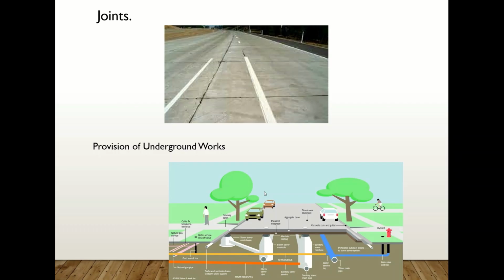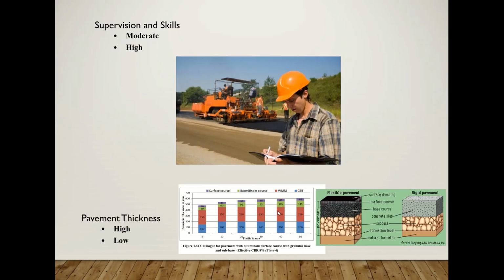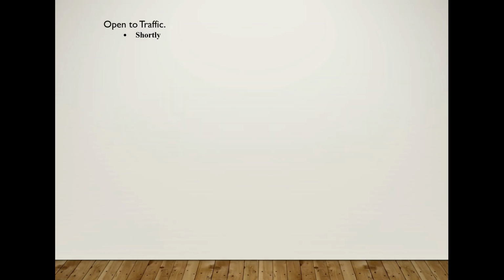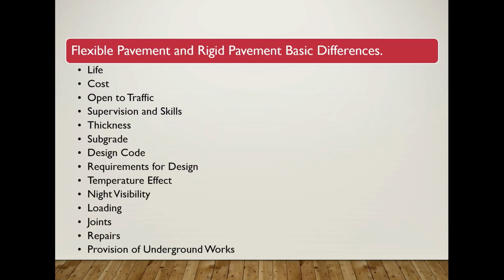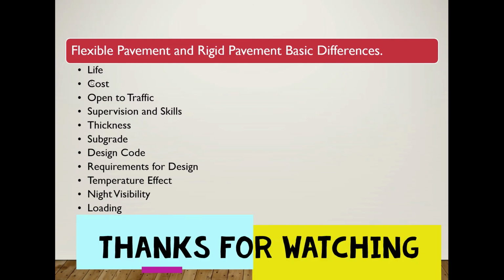That's it, guys. I hope you understood the basic differences between flexible pavement and rigid pavement. There are a number of videos, but I just sorted it out in a simple manner. Design life, cost, when we can open to traffic, supervision, what supervision is required, and thickness. And subgrade.